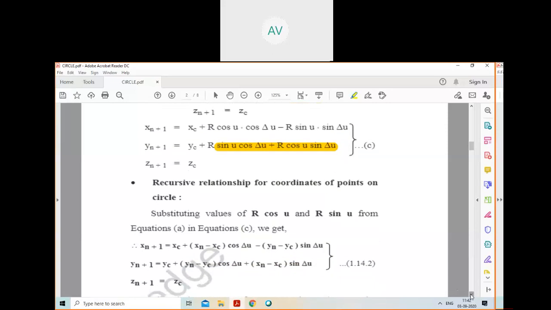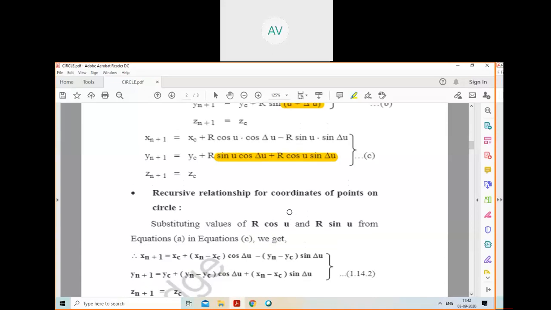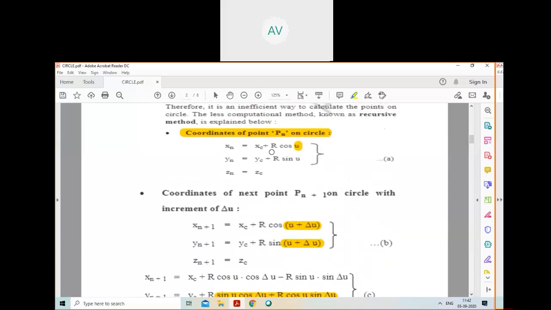Next, in this formula you can see r cos u and r sin u. We can write them from here. Just xn minus xc will be equal to r cos u, and yn minus yc will be equal to r sin u.